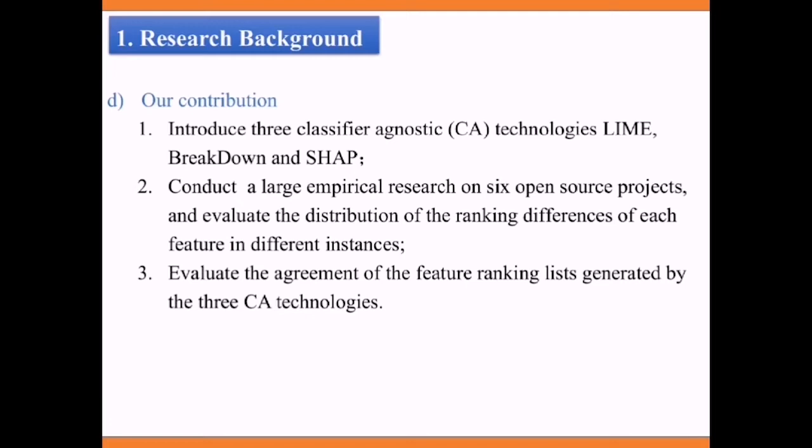Second, we conducted a large empirical study on 6 open source projects and evaluated the distribution of ranking differences of each feature in different instances. Third, for a given project, we evaluated the agreement of the feature ranking lists generated by the 3 CA techniques.